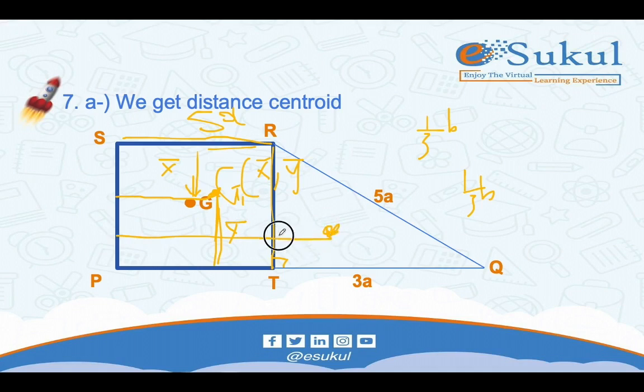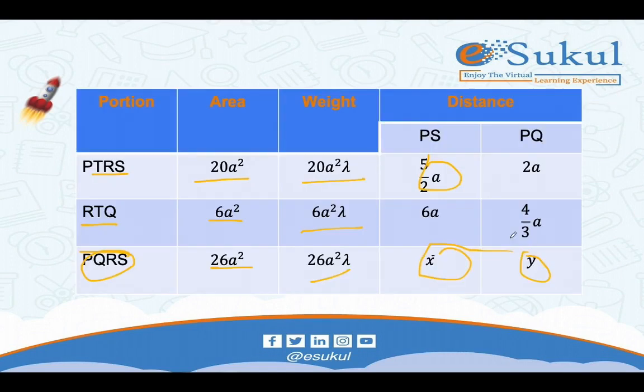From here to here it will be 1/3 from the base. So we then have 1/3 of 3A, which is just A. Then adding the square distance from here to here, which is 5A, we have as total 6A, as you can see. So that gives us the column for PS.